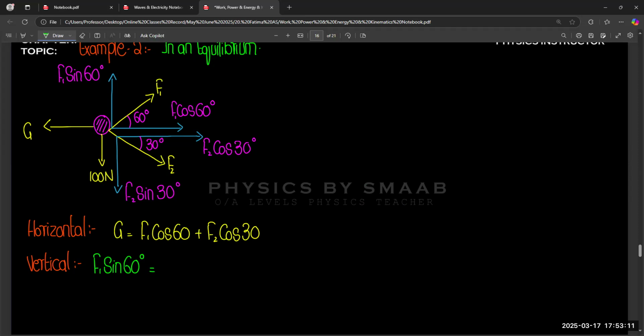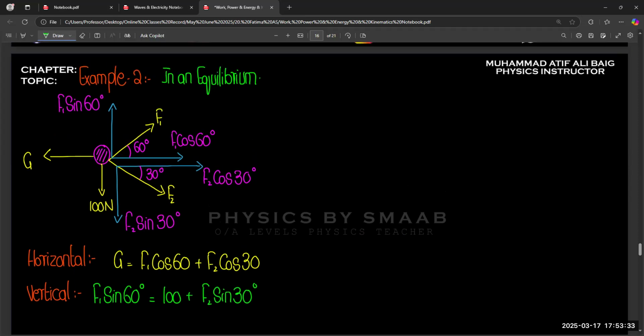And in downward direction, we have 100 newtons plus F2 sin 30. So in this way, we can resolve vectors according to the given direction, according to the given angles in this type of example given in the question.